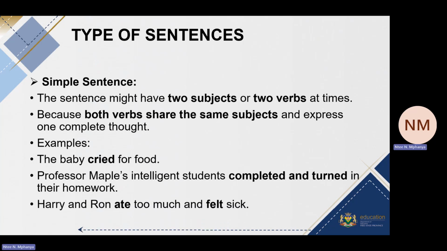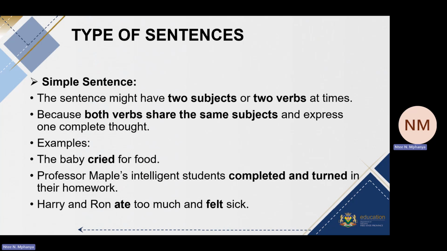Now let us look at the following. Harry and Ron ate too much and felt sick. I want to take you back to the first point: the sentence might have 2 subjects or 2 verbs. We started with a sentence with one subject and one verb, the baby cried.